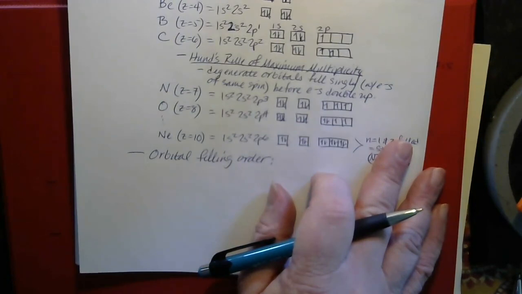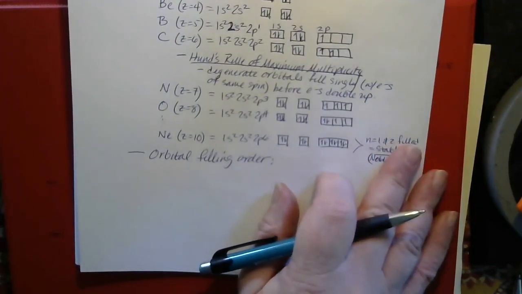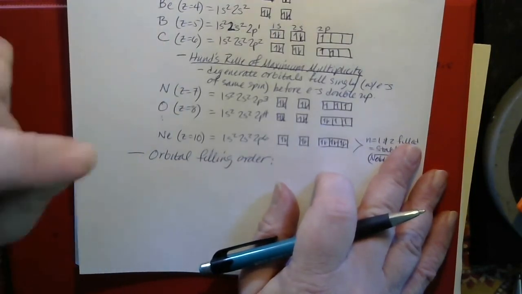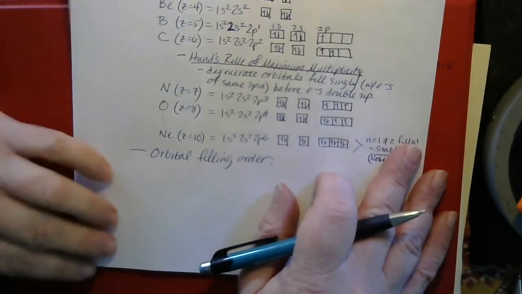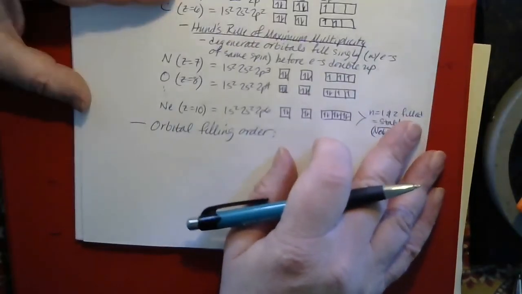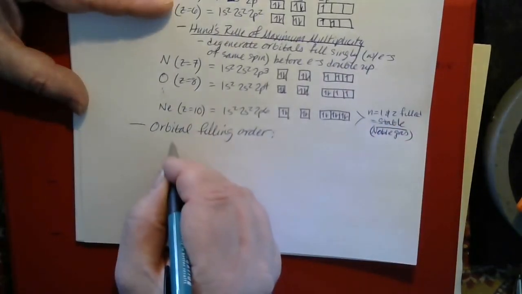So it is true that when you're doing an electron configuration, the next electron will always go into the lowest energy spot available, but the lowest energy spot available is not always what you think it is. And that's because of the weird way in which the orbitals sometimes relate to each other in terms of energy.